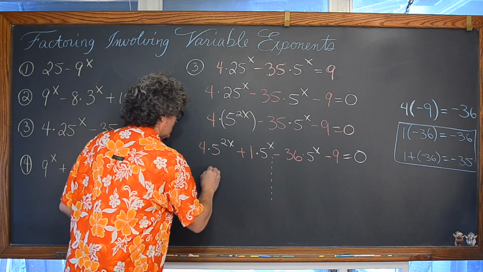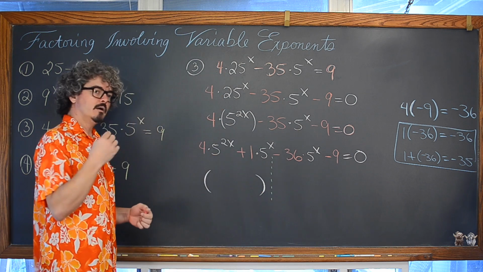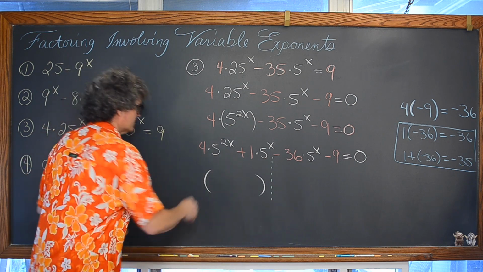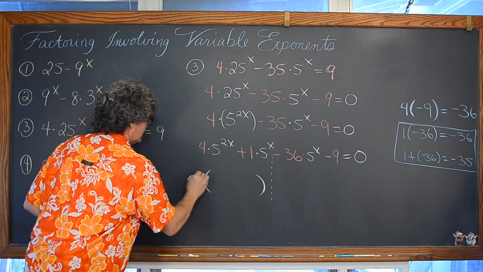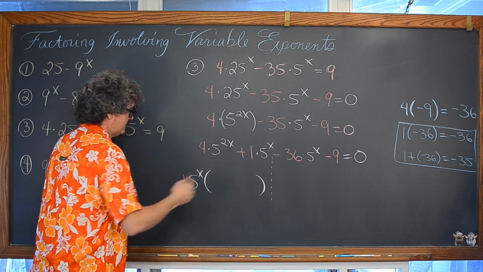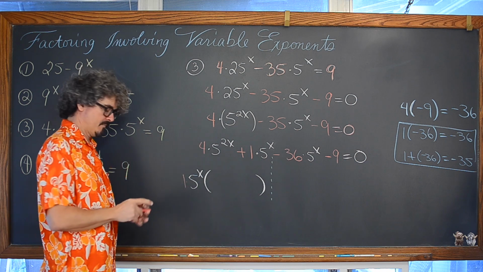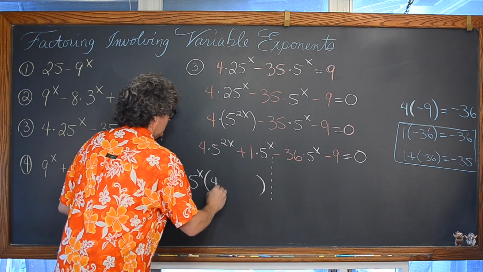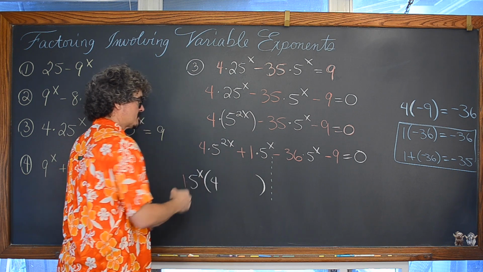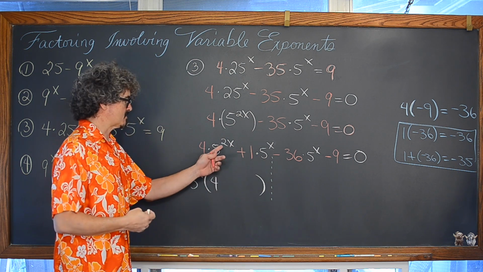So now we're going to start recalling some of those skills that we just reviewed where we factored quote-unquote monomials dealing with variable exponents. So we're going to take out that lowest power, that 5 to the x, and it has a coefficient of 1. So 4 divided by 1 is going to be equal to 4. And 5 to the 2x divided by 5 to the x, well, when you divide like bases, you subtract those exponents.